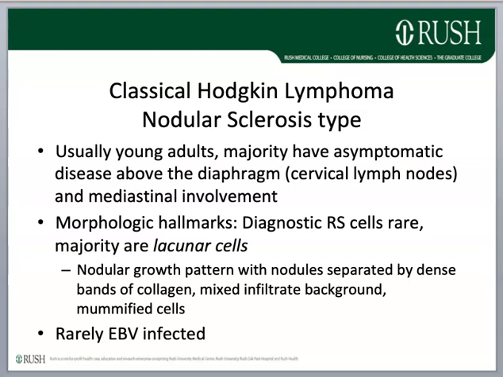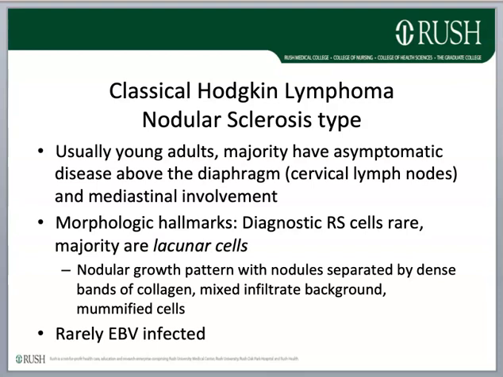In the nodular sclerosis type of classic Hodgkin lymphoma, the patients are usually young adults, and the majority have asymptomatic disease above the diaphragm, especially the cervical lymph nodes, as well as mediastinal involvement. The morphologic hallmarks of this subtype are that the majority of Reed-Sternberg cells are the lacunar cell variant, as mentioned before, and diagnostic Reed-Sternberg cells are relatively rare.